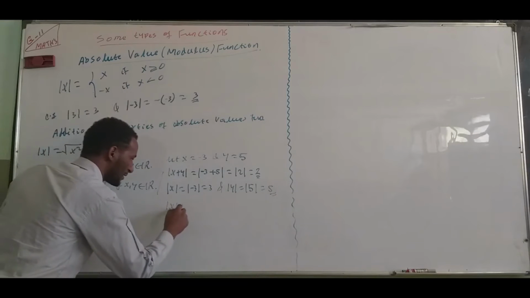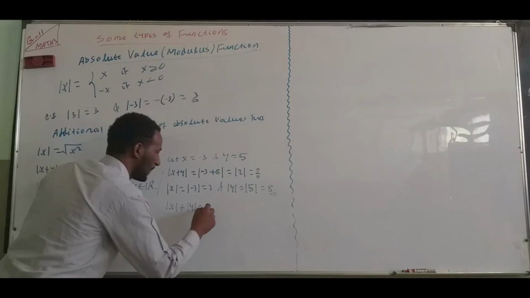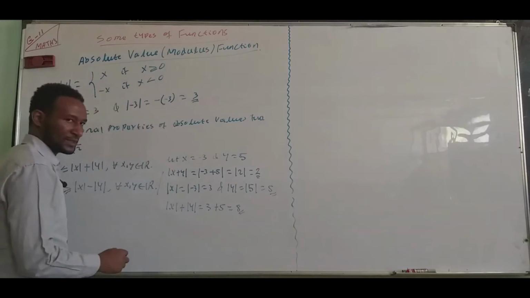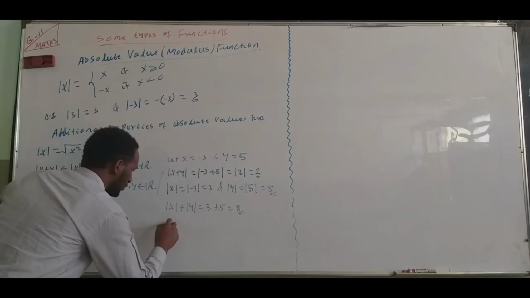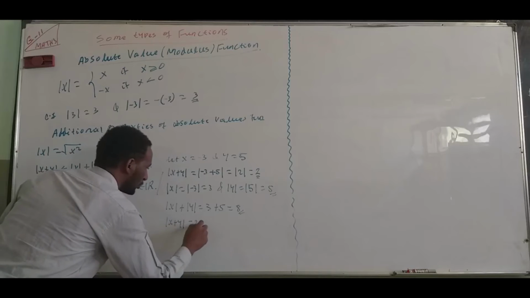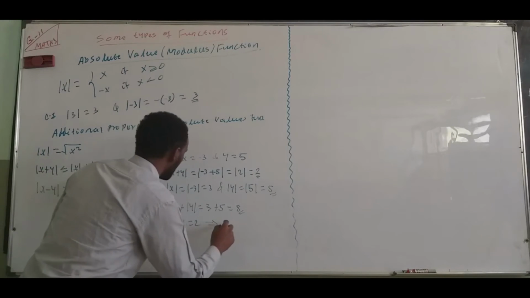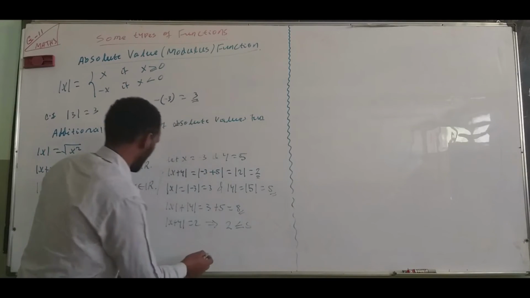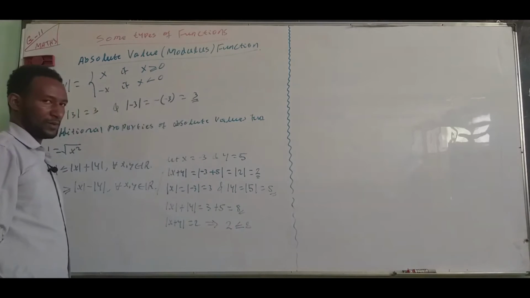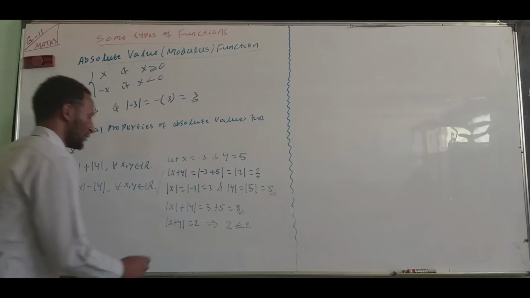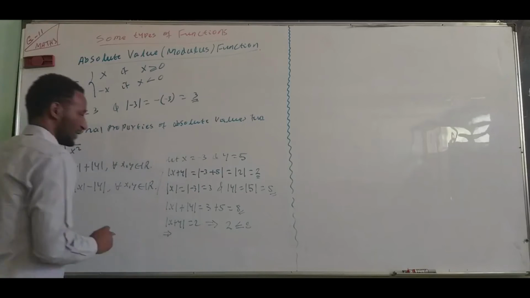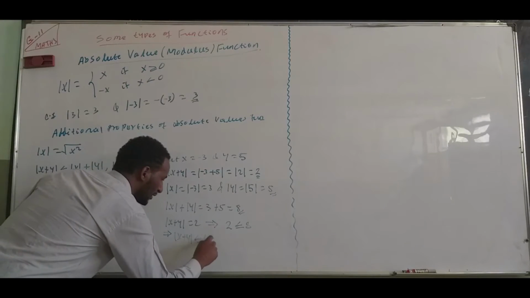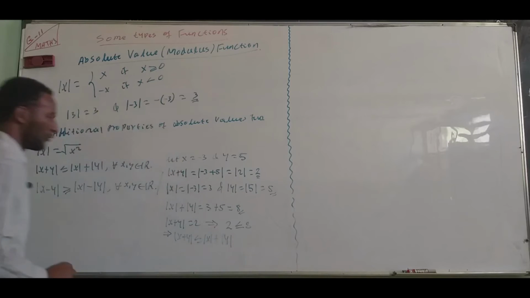Then absolute value of x plus absolute value of y equals 3 plus 5, which is 8. But absolute value of x plus y is 2. This implies that 2 is less than or equal to 8. Therefore, from this we can conclude that absolute value of x plus y is less than or equal to absolute value of x plus absolute value of y.